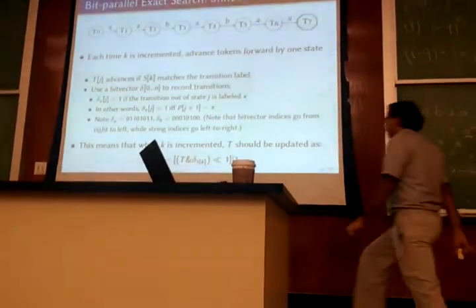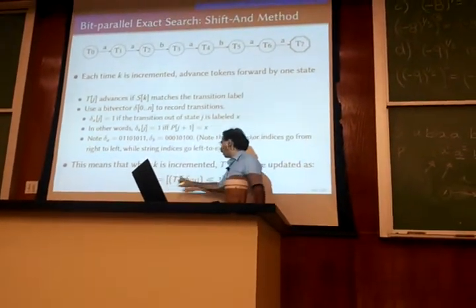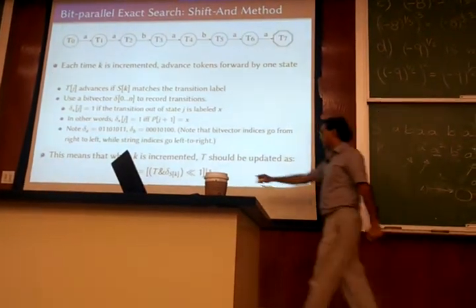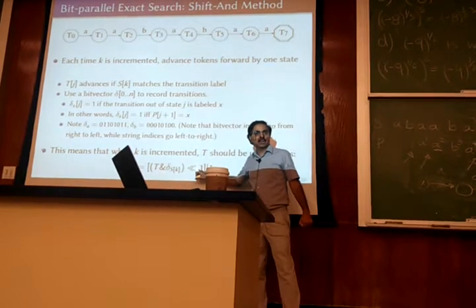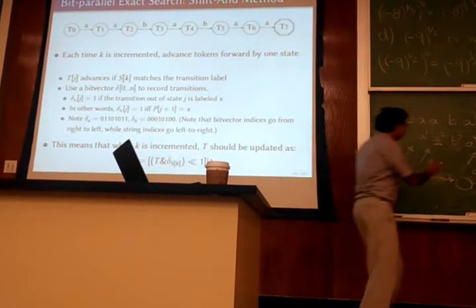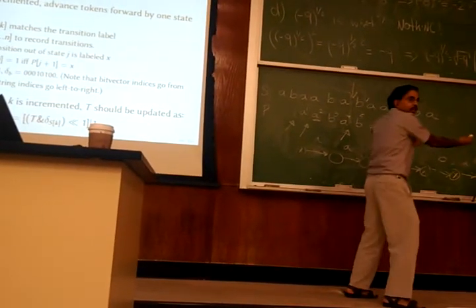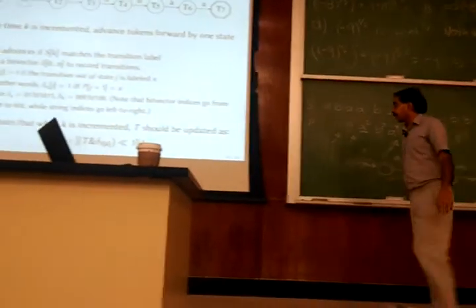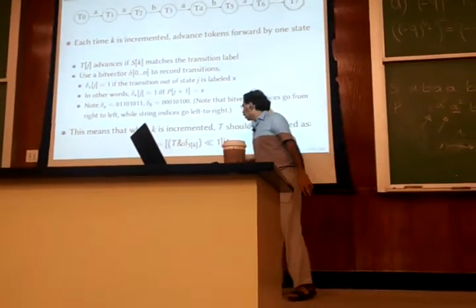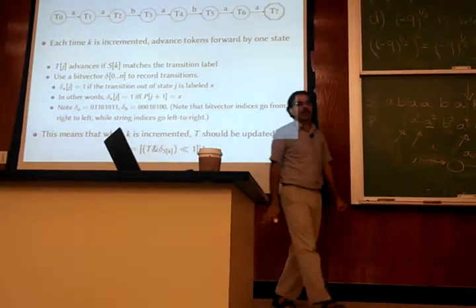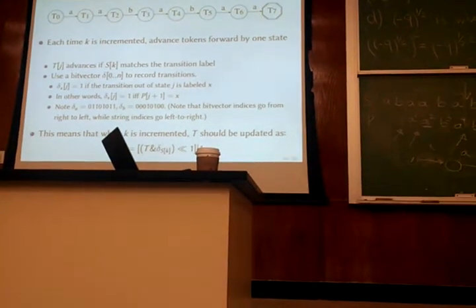Now, if T represents my current match, advancing the token is nothing but shifting this by 1. I want to shift everything to the right, but because I'm labeling the bit vector in the other direction, instead of shifting to the right I'm going to shift to the left. Of course, I'm masking it with the corresponding delta.